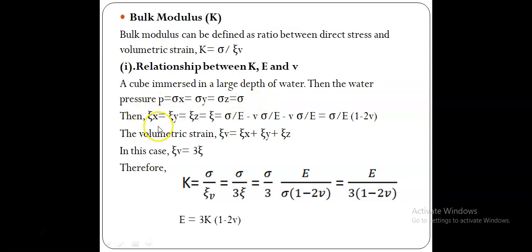Then epsilon x, that is strain along the x direction, is also equal to epsilon y, which is equal to epsilon z, which is equal to epsilon.